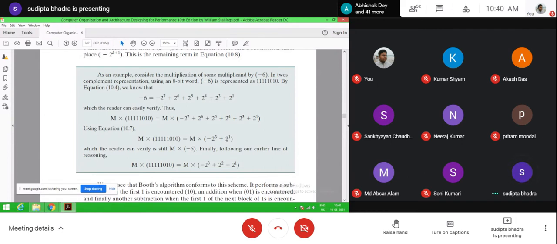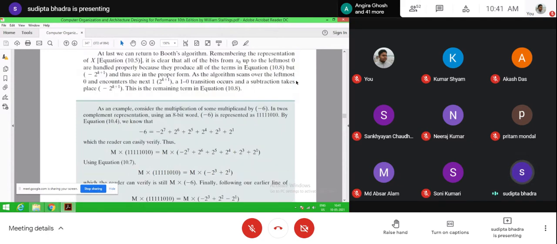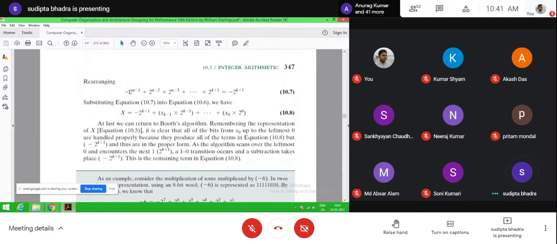So here minus 2 to the power 3 plus 2 to the power 1, see how many subtractions and additions. Here the total number of additions is 5 and there is one subtraction. Instead of that, using the equation 10.7, the 10.7 equation is this.